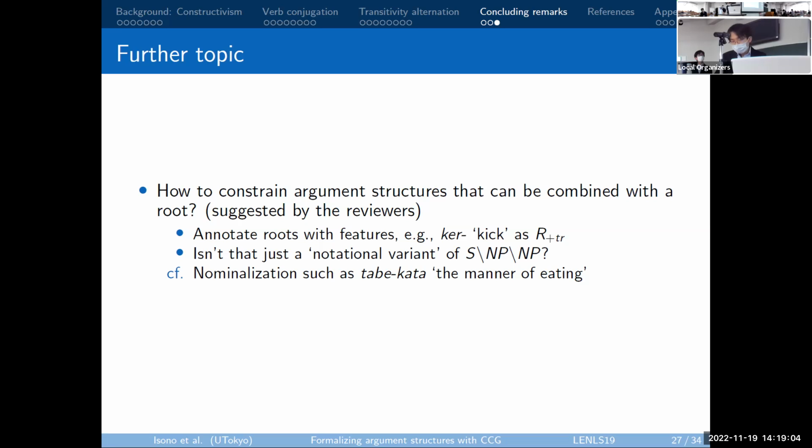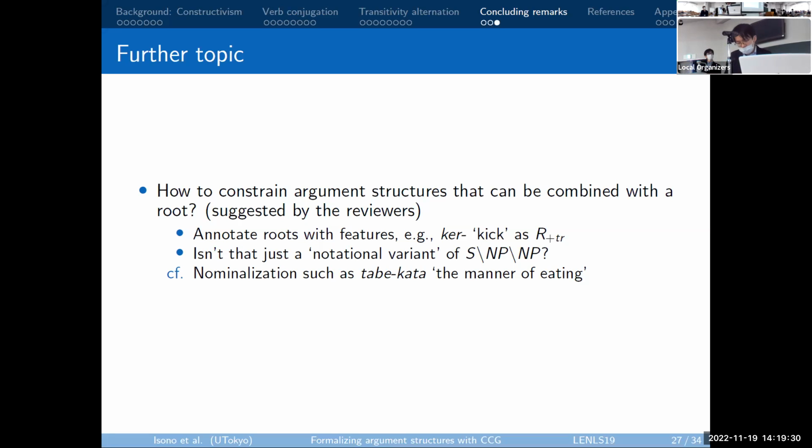For example, keru, kick, does not contain such a morpheme, but allows only transitive use. One solution to this problem is to annotate roots with features like plus transitive and make the active voice head select this feature, while non-active voice heads should be incompatible with this feature. One reviewer, however, suggested that this would be just a notational variant of S backslash NP backslash NP.